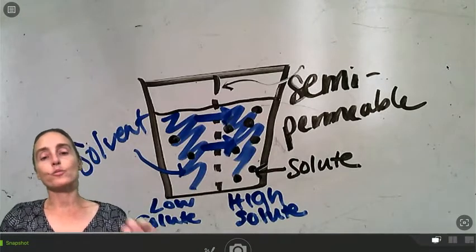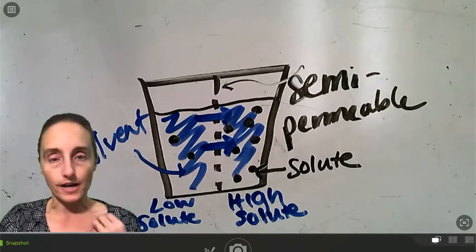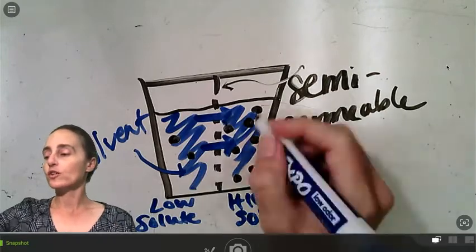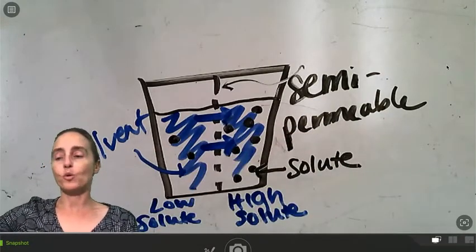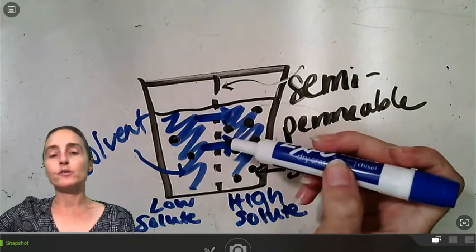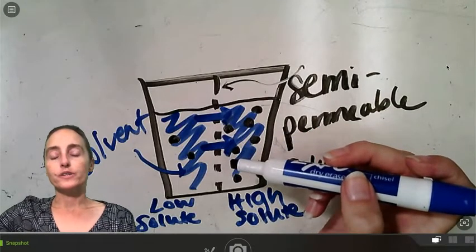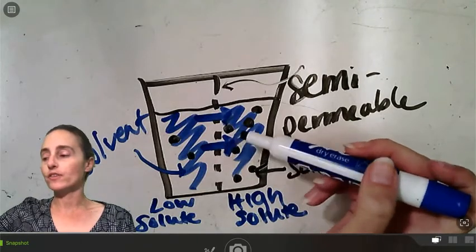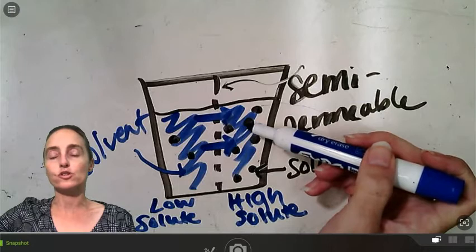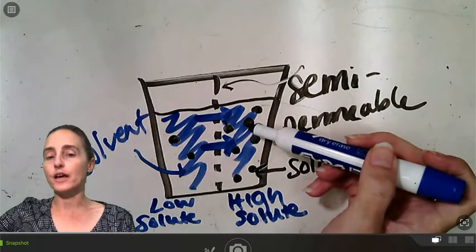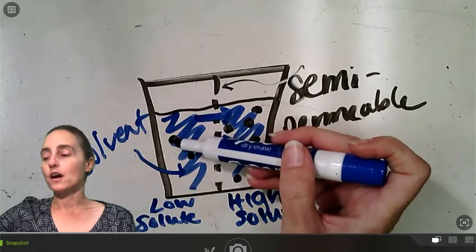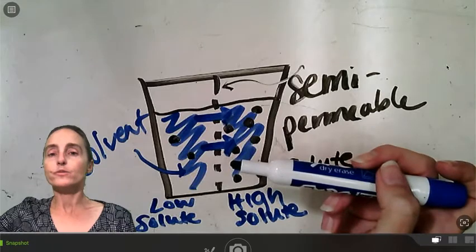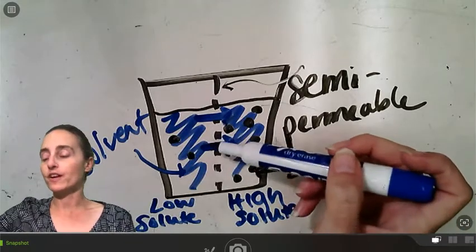Water is going to move to the high solute side. You can think of it as there being so much solute over there that it needs more water to dissolve it. But what it's really doing is trying to reach equilibrium, and it does that naturally, so it's not doing math, but it's kind of by a percentage. If you have 10% sugar on the high solute side and 2% on the low solute side, we need to balance that, to get maybe 5% or 6% on both sides.